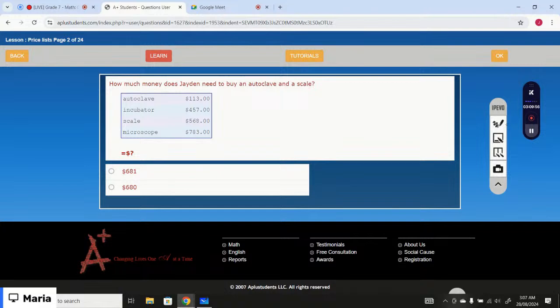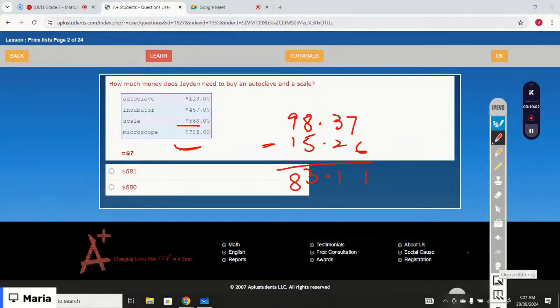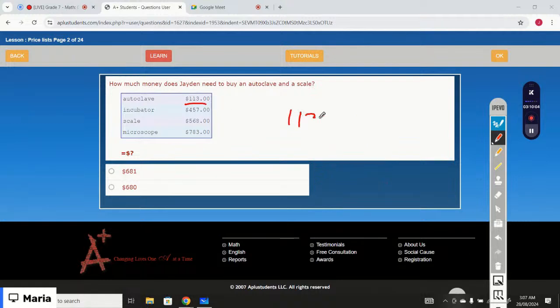The autoclave is for $113, right? You can see here the price, that is $113 and the scale is 568. Just add the prices so that you can know how much money Jaden needs, right?